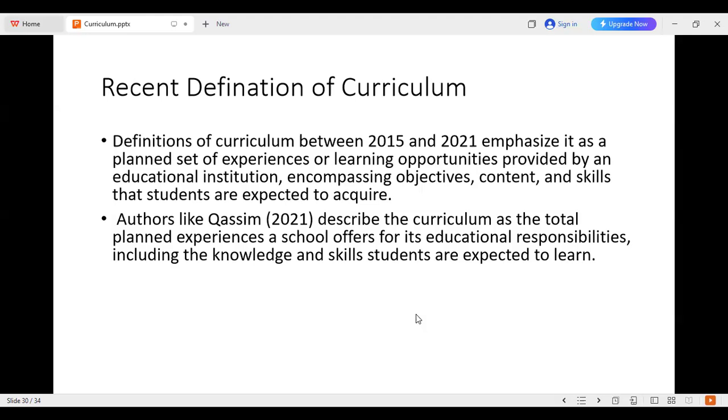Very carefully, we have to select the knowledge component and skills required or expected to learn. We can't teach the subject directly. Whatever it is in the books, we have to carefully select the knowledge because of the relevancy of the subject.